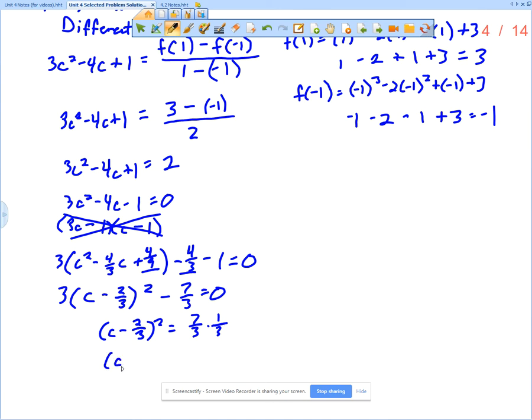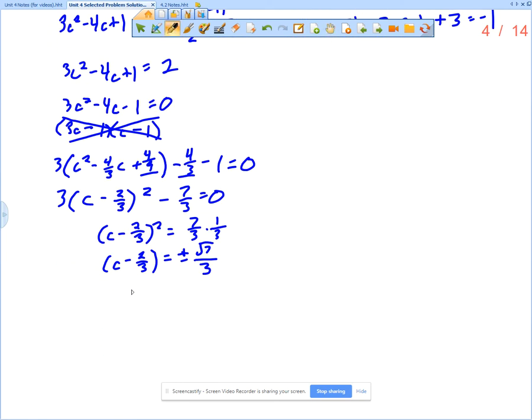Then I'm going to square root. So c minus 2/3 equals plus or minus the square root of 7/9, which would be the square root of 7 over 3. Then I'm going to add 2/3, and so now I get that c is equal to 2/3 plus or minus the square root of 7 over 3.